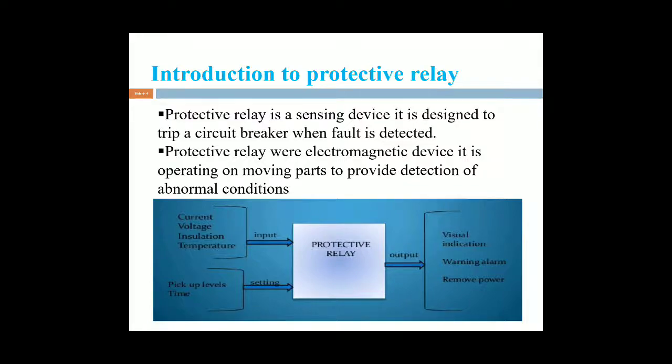Next one is the introduction to the protective relay. It is a sensing device which senses the fault and gives a tripping signal to the circuit breaker. When a fault occurs, the relay coil senses and identifies that fault and gives a tripping signal to the circuit breaker.